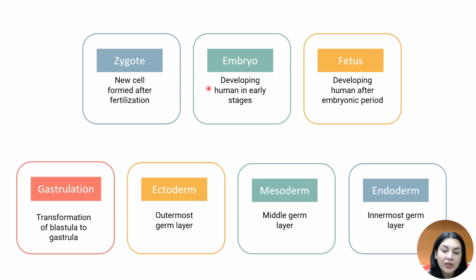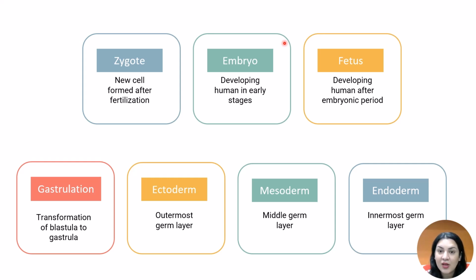So in the early stages of human development, we're in the state of being an embryo. And ultimately that embryo, again, as it develops further and further and further, will then become a fetus. So a fetus refers to what the embryo becomes next.